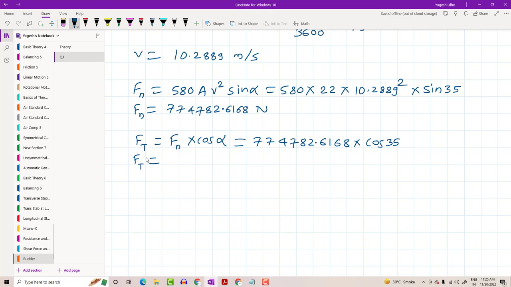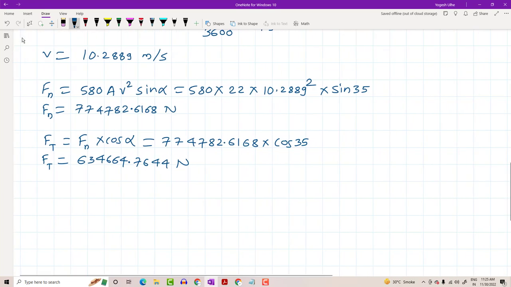Ft is one component of Fn. If you do the calculation, we will get Ft as 634664.7644 Newton. Before going further, please everyone start writing down this discussion.